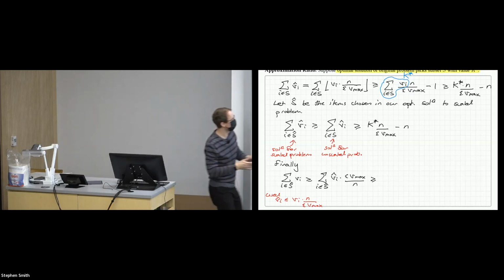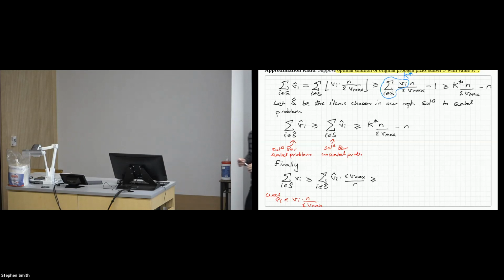Now, if I look, this piece I already have the answer for. This piece here is that K star n thing. So I can plug that in: K star n over epsilon V max, minus n, and that multiplies epsilon V max over n.